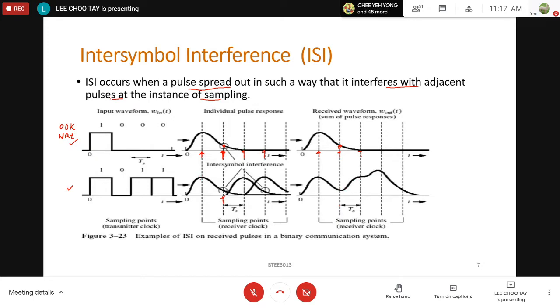Three individual pulses, each representing binary 1. Because of intersymbol interference, they overlap, and then the waveform is going to look like this.